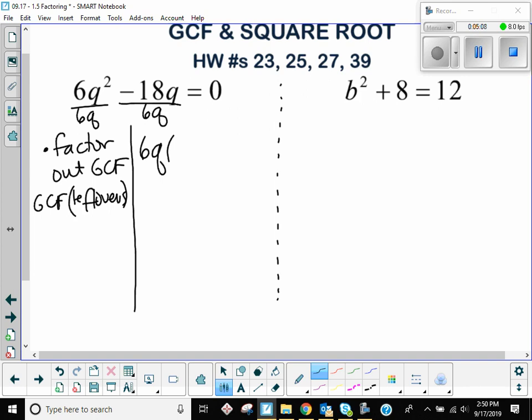So when you divide 6q out of the first term, what do you have left? Right, just q minus what, 6q divided out of the second term? 3. So that, we factored it by taking out the greatest common factor. We haven't solved it yet, though.